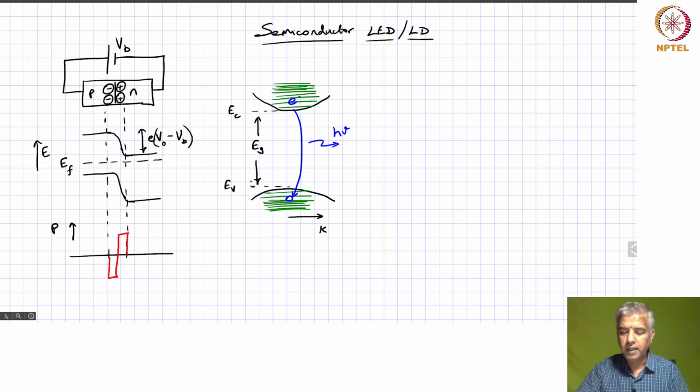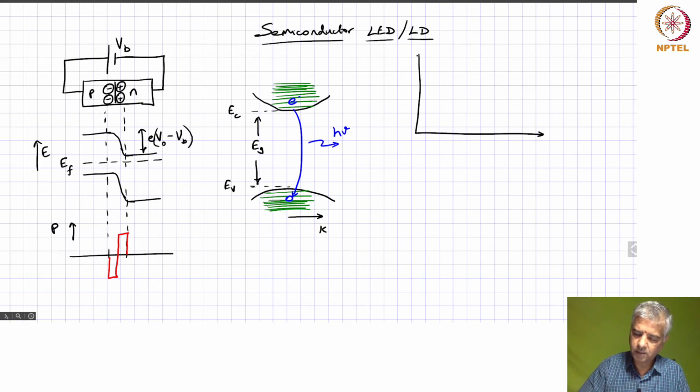The question then is, how does the spectrum look for emission like this? So you can go ahead and draw the spectrum as far as an LED is concerned.